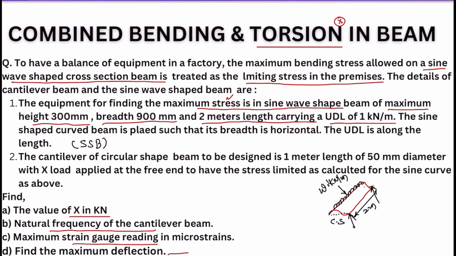Now, this is the maximum height of the beam, and this is the total breadth, 2B, that is equal to 900 mm. Height is equal to 300 mm.